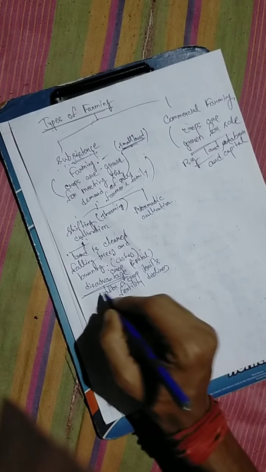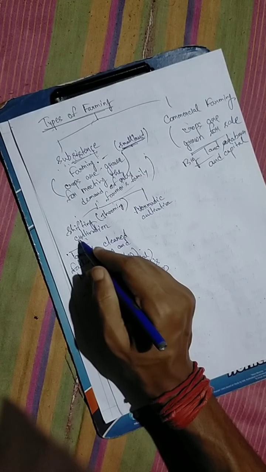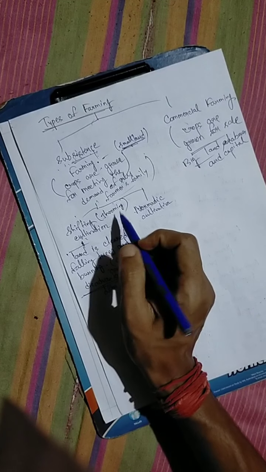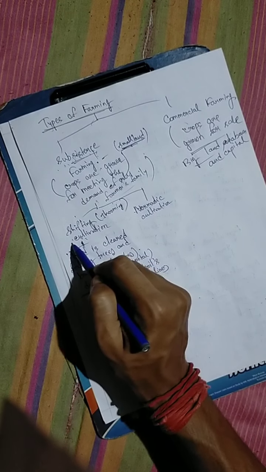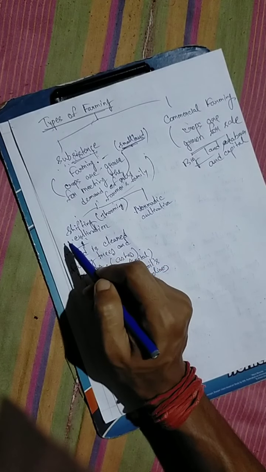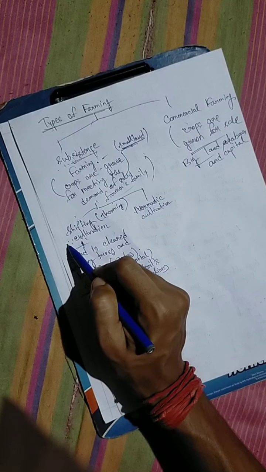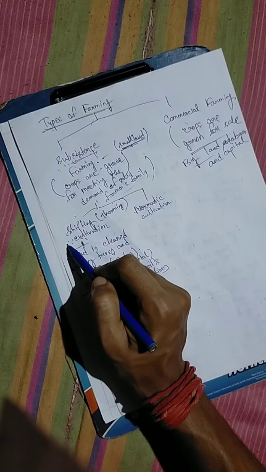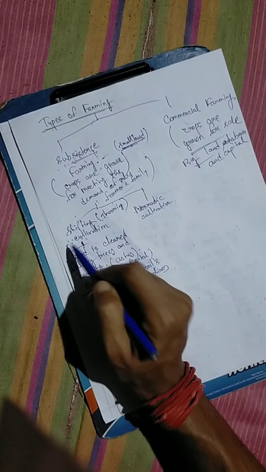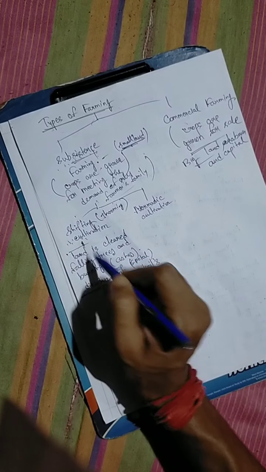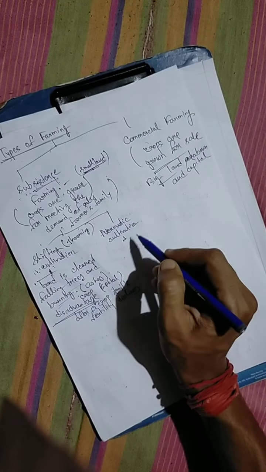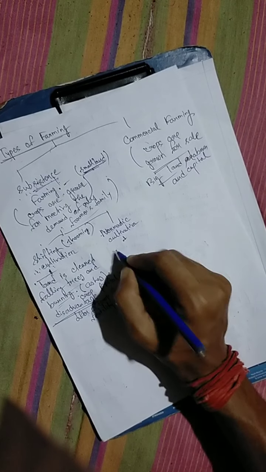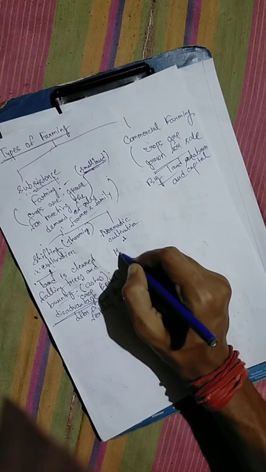So this is a very bad type of farming, but mainly small farmers are engaged in it, and it is bad for our environment also, because a lot of toxic gases are emitted into the climate because of the burning ashes.